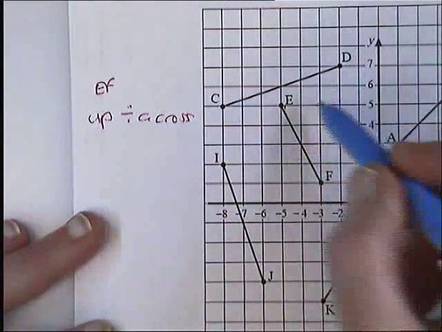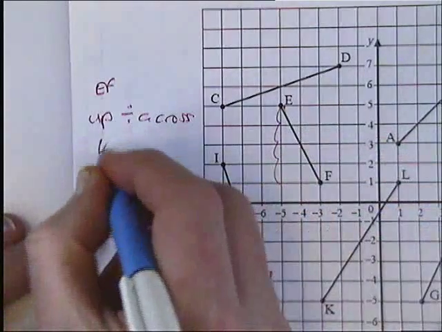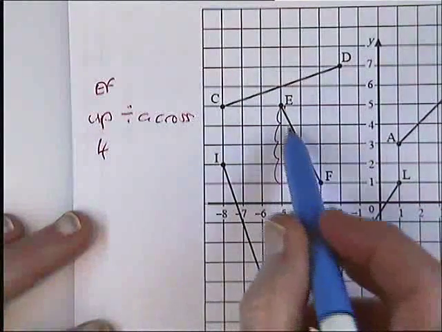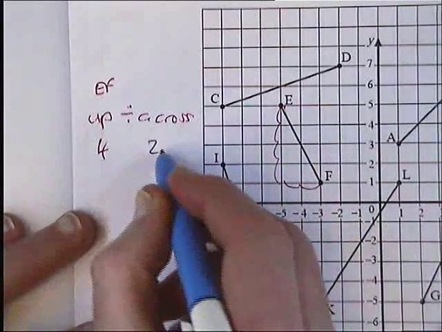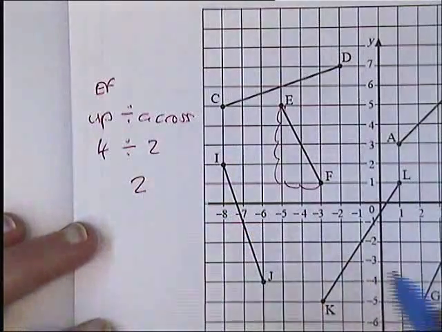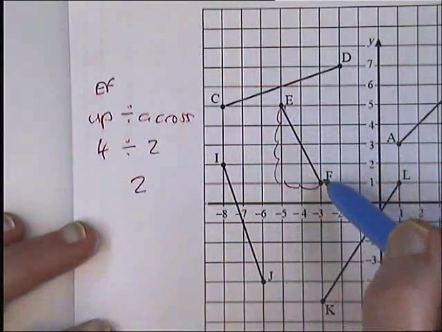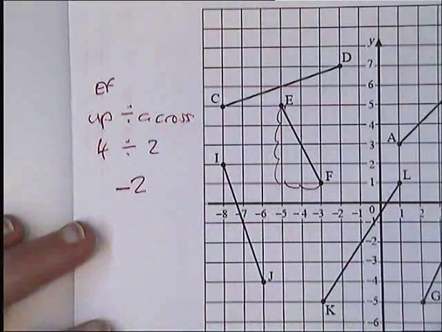But from here to here, I've gone down 1, 2, 3, 4. How far have I gone across from here to here? 2. 4 divided by 2 is 2. But because it's going downhill, the answer is a -2.